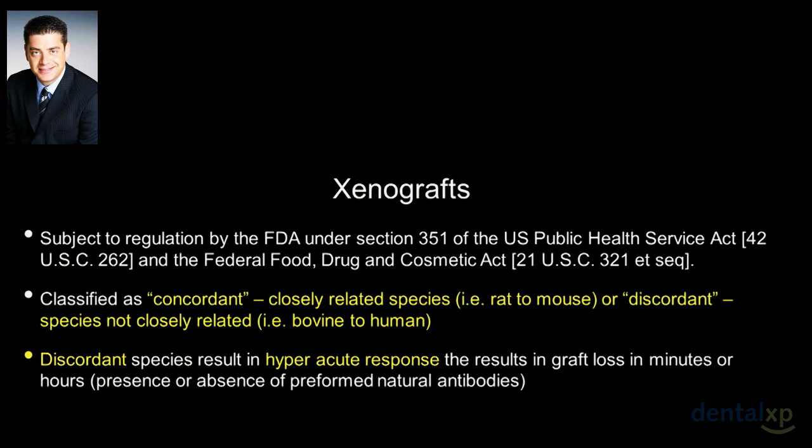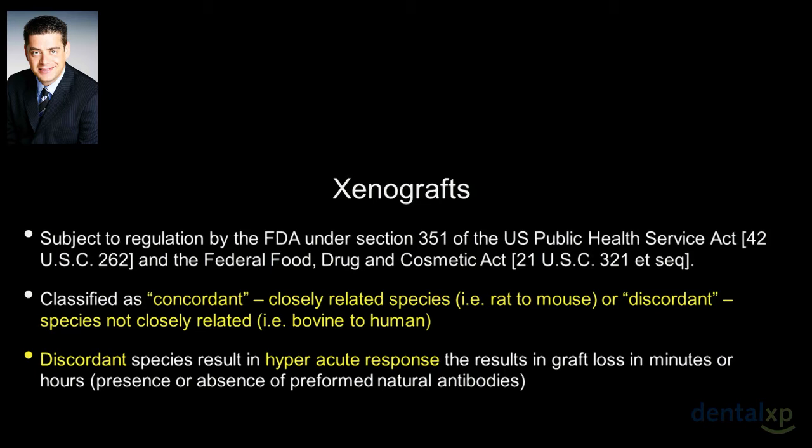They classify it as either concordant or discordant. Concordant would mean that the species are closely related, okay? And discordant is if there's a big discrepancy with the species involved. So bovine to human, according to the FDA, is considered to be a discordant association between the graft and the host.